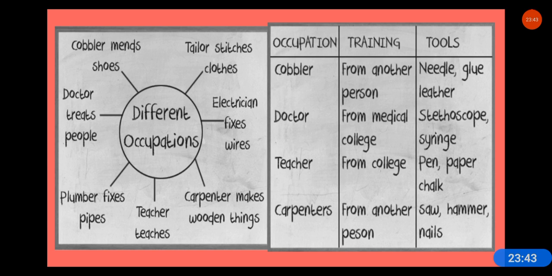Teachers get trained from college. They use pen, paper, chalk, duster, etc. Carpenter is trained by another person. He may not need to go to college, right? He may be trained by a family member or by another person. They use saw, hammer, nails, etc. as tools.